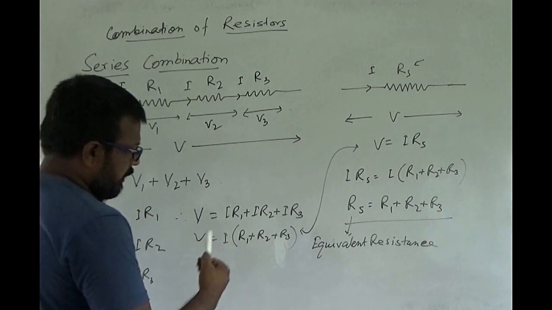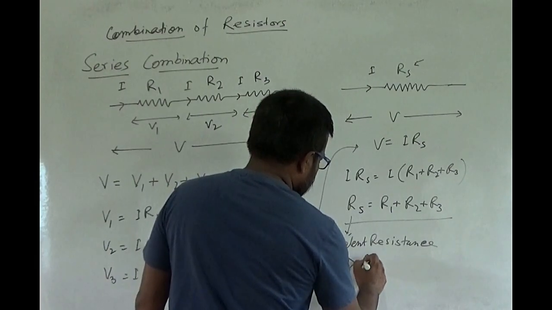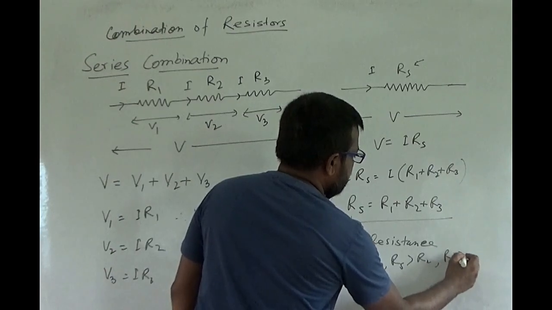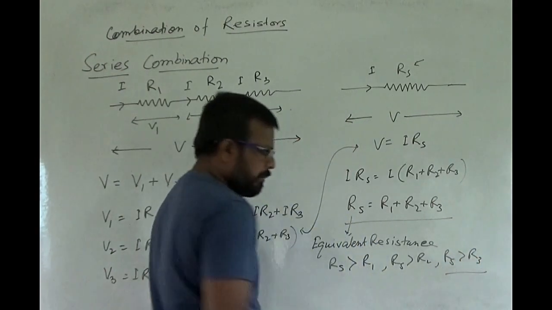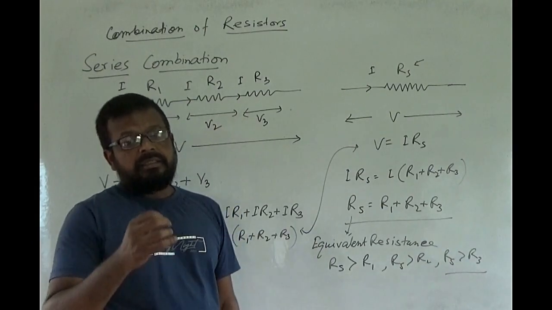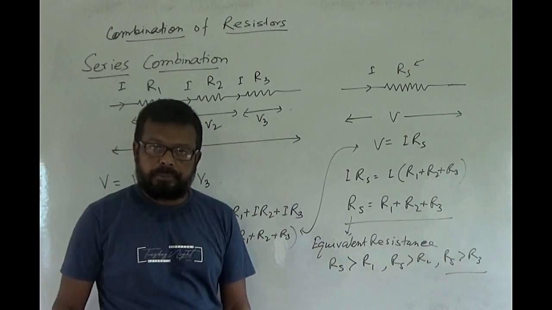Here you can say that Rs is greater than R1, Rs is greater than R2 and Rs is greater than R3. That means the equivalent resistance is greater than each and every resistance connected in the series combination.